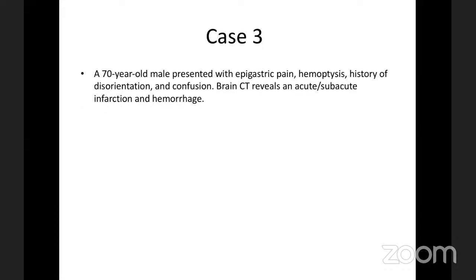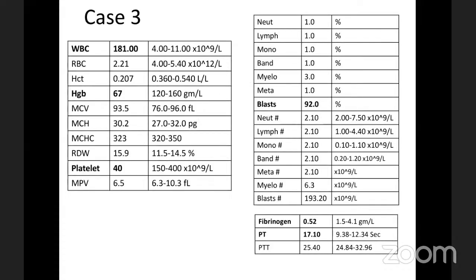Okay, case 3. It's a 70-year-old male presented with epigastric pain and hemoptysis with a history of disorientation and confusion, and the brain CT reveals an acute subacute infarction and hemorrhage. This is his count. So we have also marked leukocytosis, anemia, and thrombocytopenia.